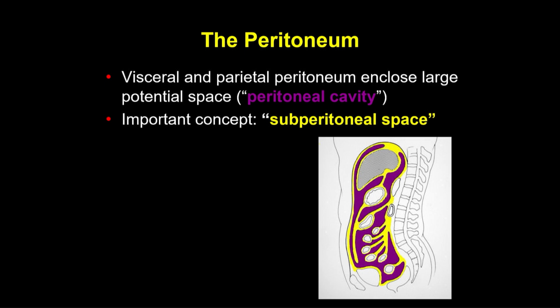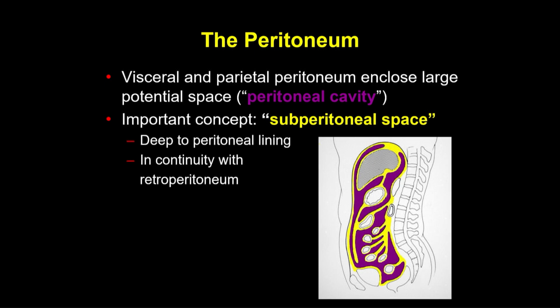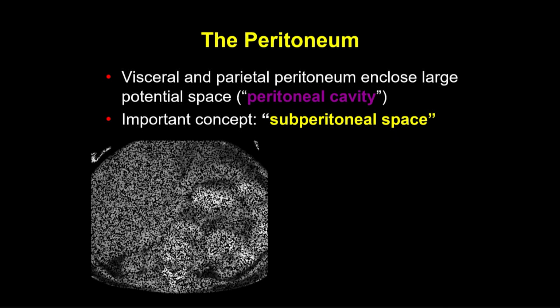That's where all the action is really happening, and sometimes it breaks through into the peritoneal cavity, but most of the time we're talking about that subperitoneal space. And that can be a bidirectional area for gaining access to the retroperitoneum and vice versa as well. So it's really the highway of where all this stuff is happening.